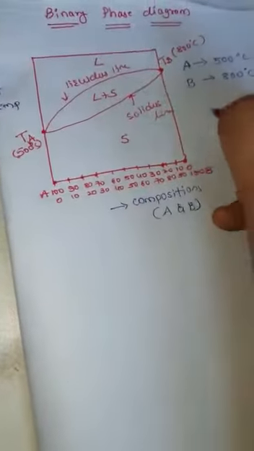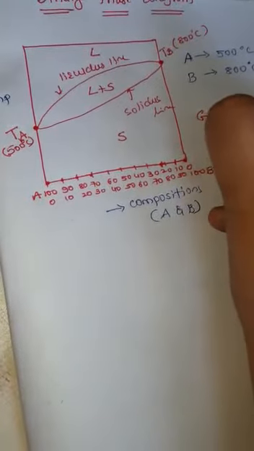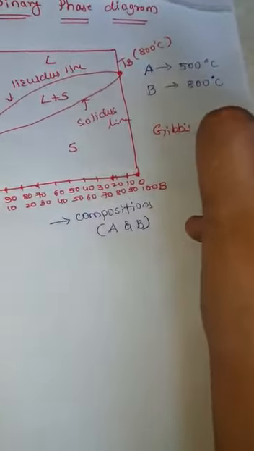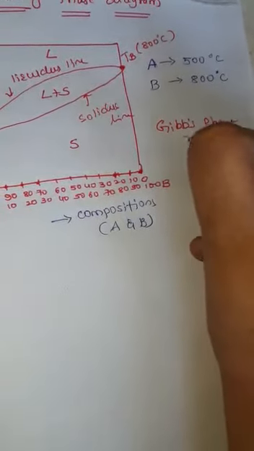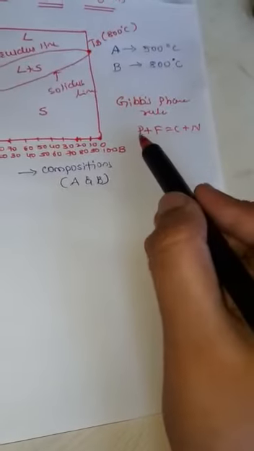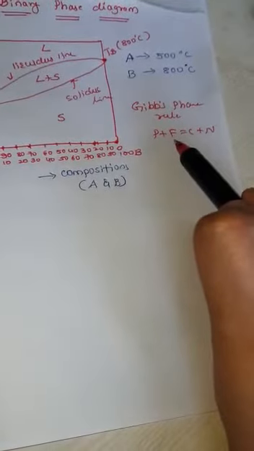Now we will write the Gibbs phase rule: P plus F is equal to C plus N. P is the number of phases, based on the different points. F is the degrees of freedom.